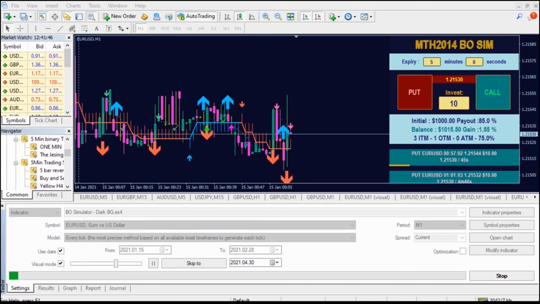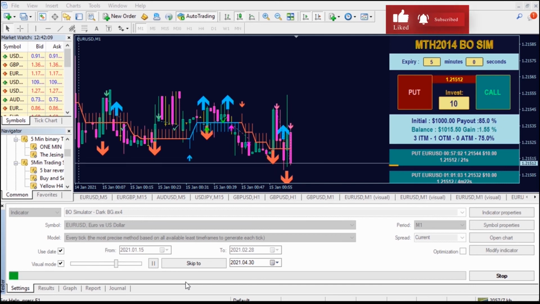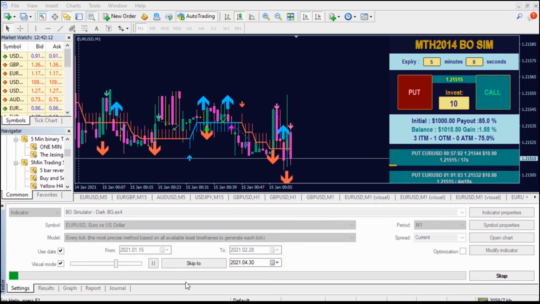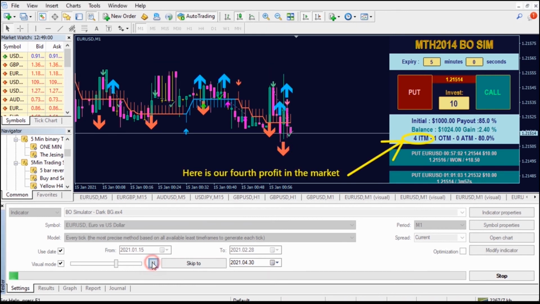Another sell arrow. Here is our fourth profit in the market.